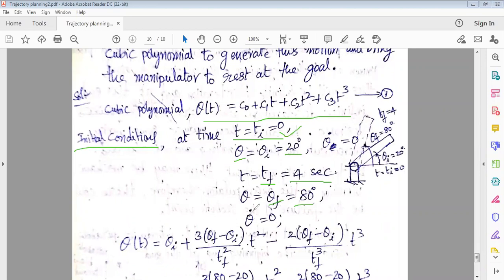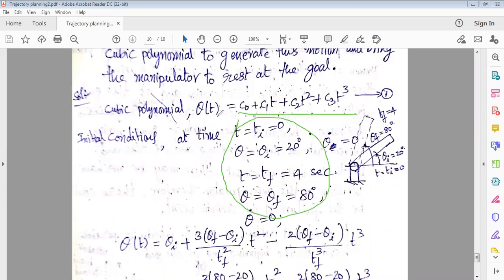Therefore theta dot, the angular velocity, the first derivative of theta, is 0 at both ends. So these are the initial conditions. By using these conditions we need to find the coefficients in this cubic polynomial function.